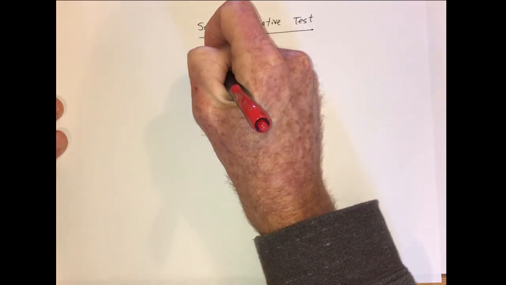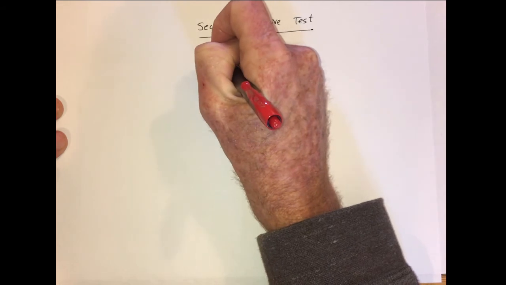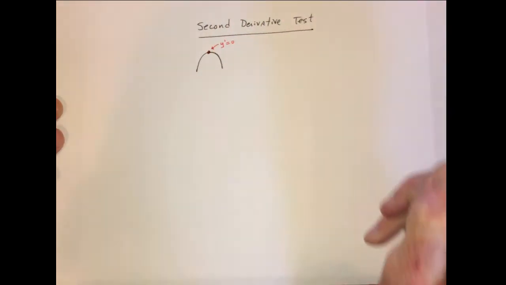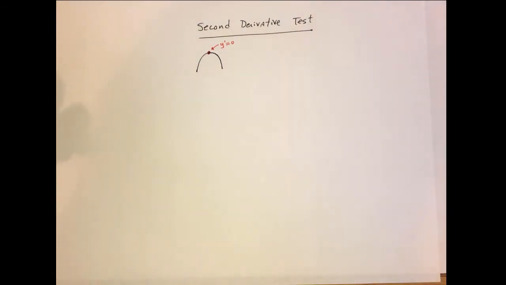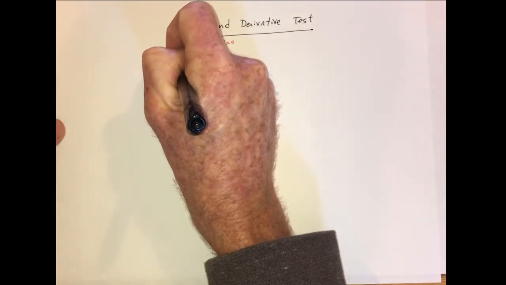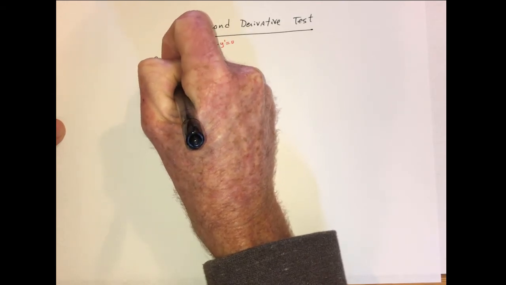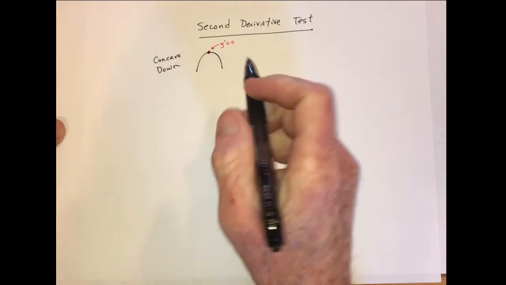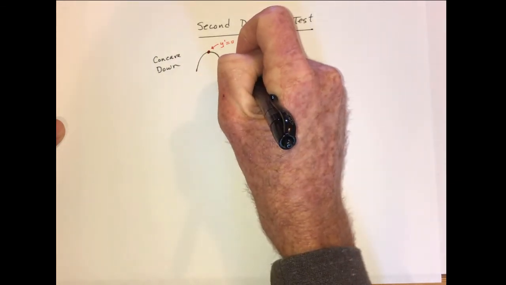And let's suppose that you found out that right there, the derivative equals 0. So if it's concave down and the derivative equals 0, then that means there's a maximum.